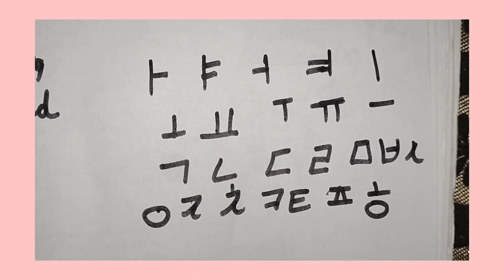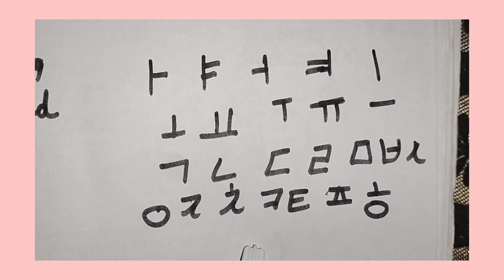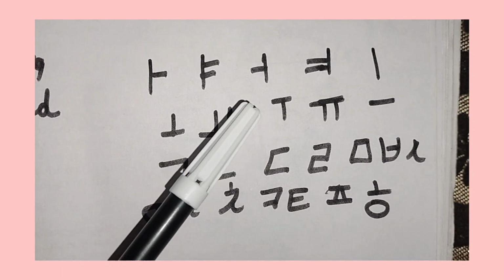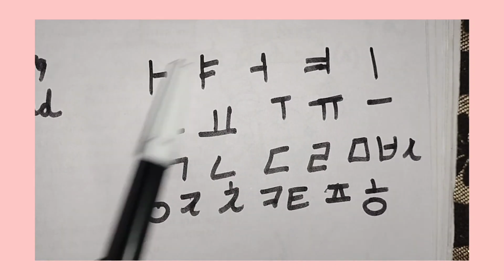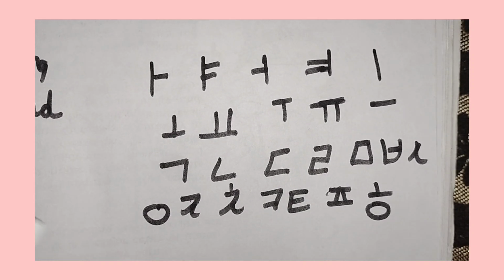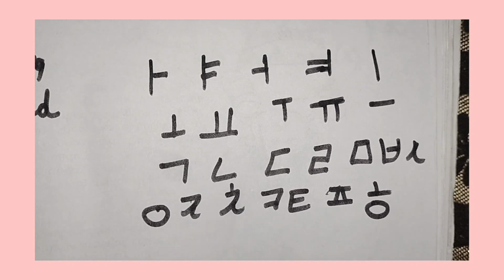Perfect. In this video, we learned all these consonants and vowels. Now you know how to pronounce them all and how they sound. But before ending this video, let me tell you how to read the vowels and consonants we learned combined together, only those we learned today.